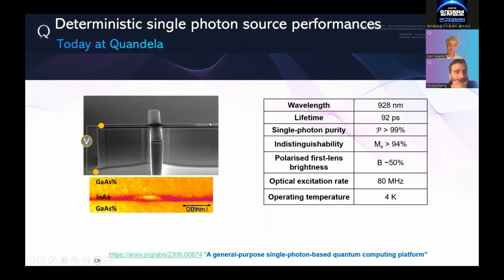And so today at Quandela, I give you mainly the characteristics of the single photon sources that we have. We emit single photons at 928 nanometer wavelength with a lifetime below 100 picoseconds.